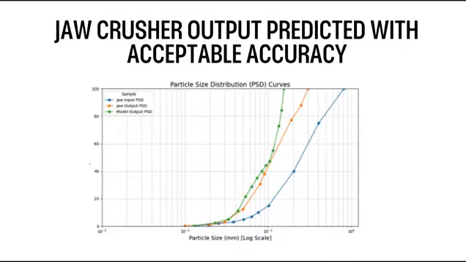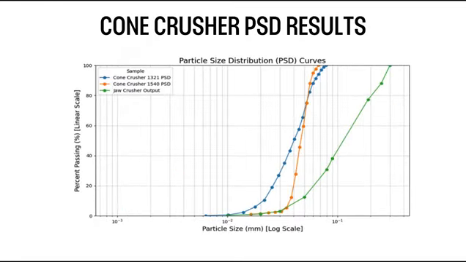The simulation successfully predicted particle size behavior with acceptable accuracy. Two cone crusher models, 1321 and 1540, were evaluated to compare their performance. Results showed that the 1321 model produced fine aggregates, making it more economical and better suited for the existing low pressure configuration.